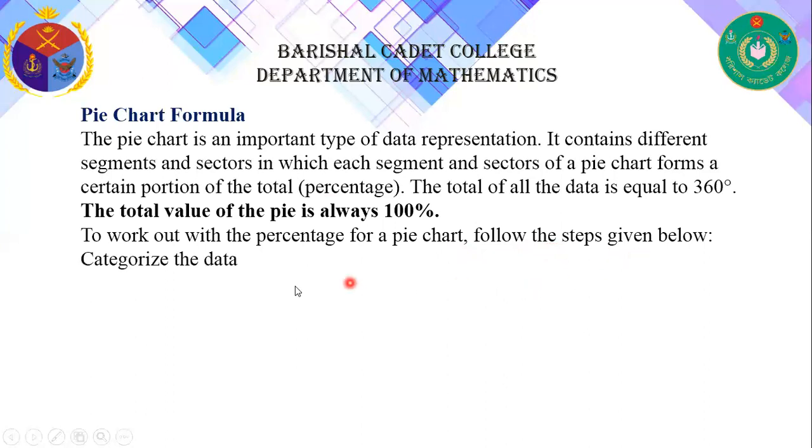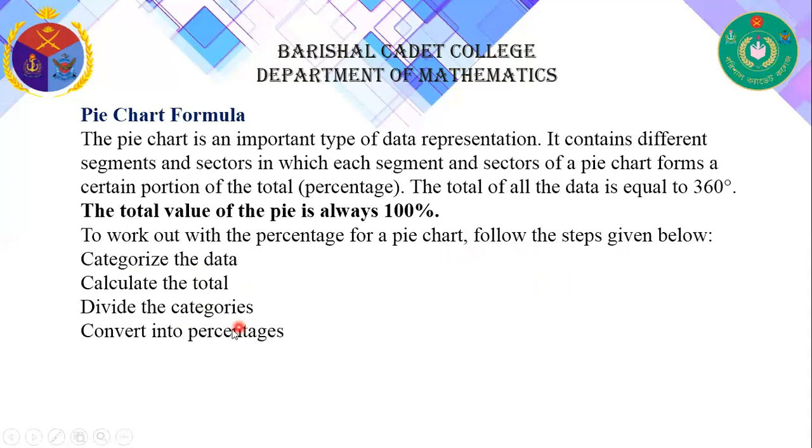Now, first step, categorize the data. First, you have to categorize the data, and now calculate the total value and divide the categories and convert into percentage. So first we have to categorize the data and calculate the total data and divide every category by the total and make a percentage, and finally calculate the degrees.